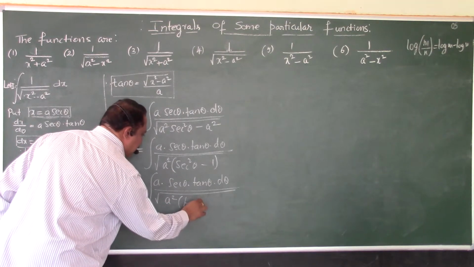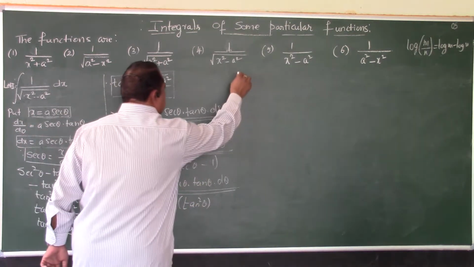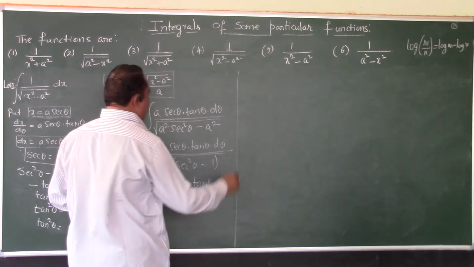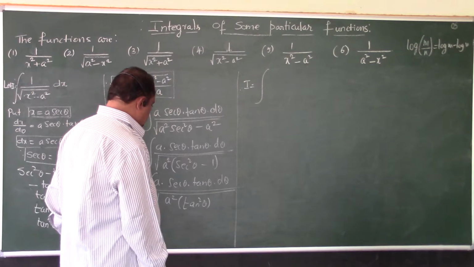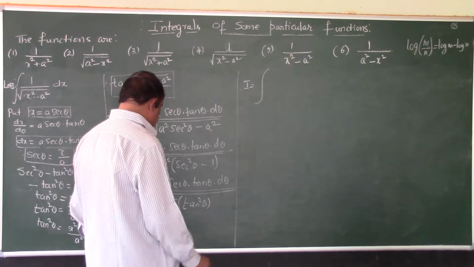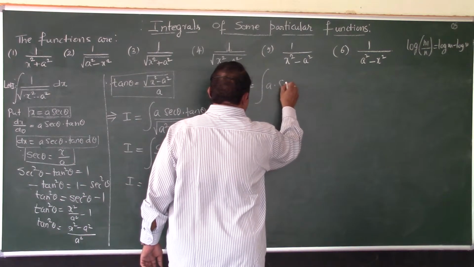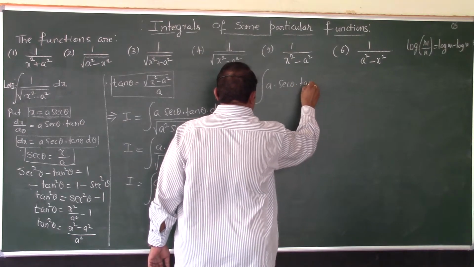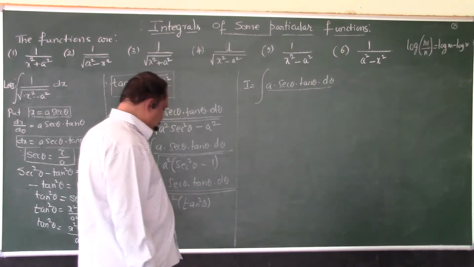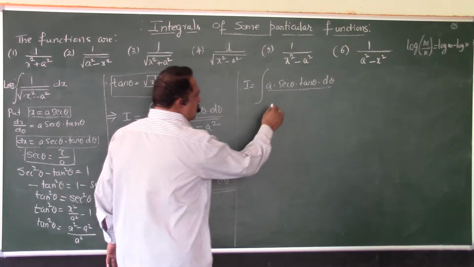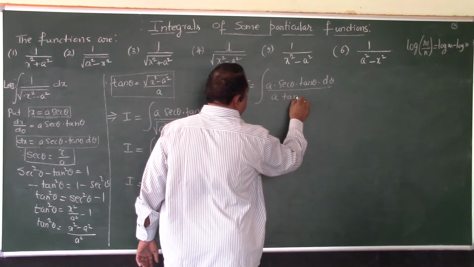So the next step is I equals integral, numerator as it is, a secant theta into tan theta into d theta, divided by square root of a square tan square theta, which is a tan theta.